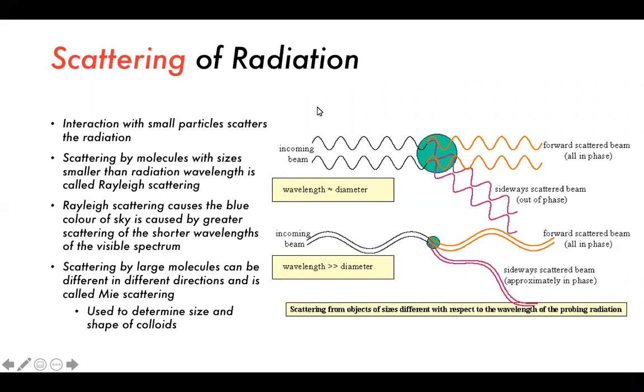Scattering of radiation is whenever the electromagnetic radiation interacts with small particles in matter. And so this is a good way of finding out the size of the particles in the solution.